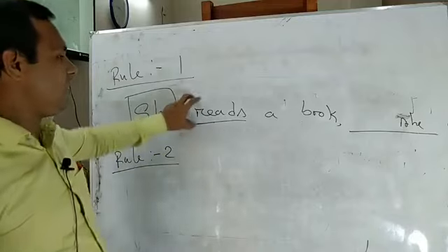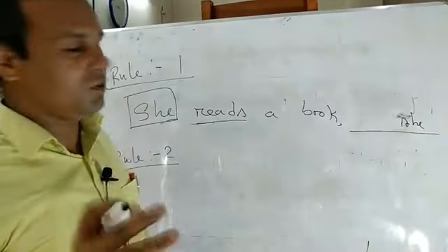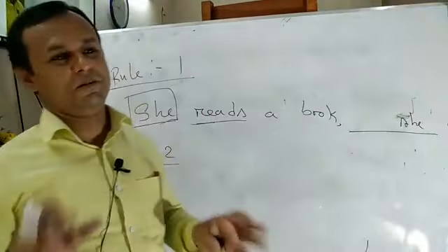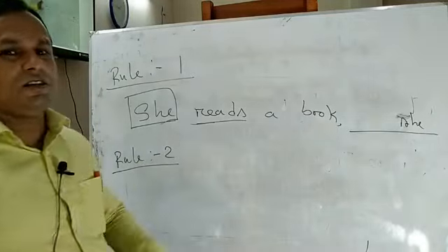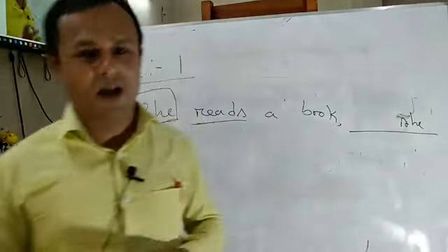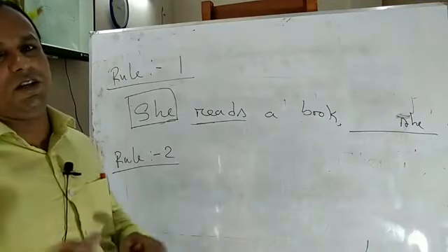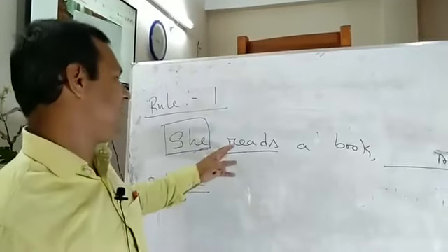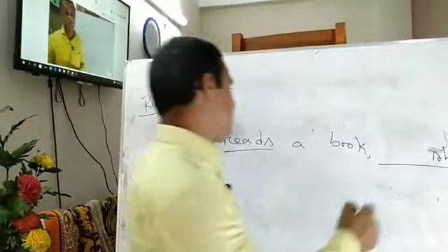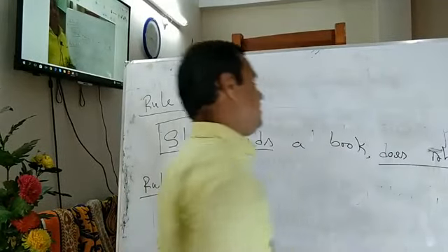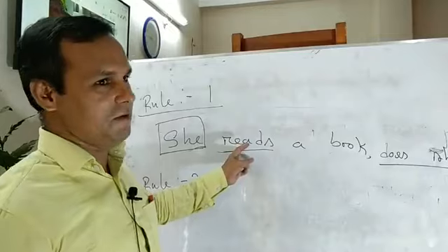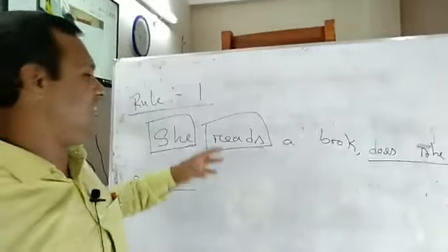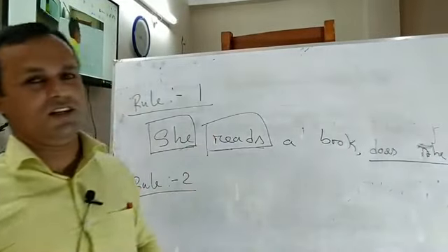Here there is no auxiliary verb, so you have to think that it will be either present indefinite tense or past indefinite tense. You know, do or does is used only for present indefinite tense as an auxiliary verb. Does is used for the third person singular number, so I have to write does as an auxiliary verb, and there is no not found here. So you have to understand that this is an affirmative sentence.